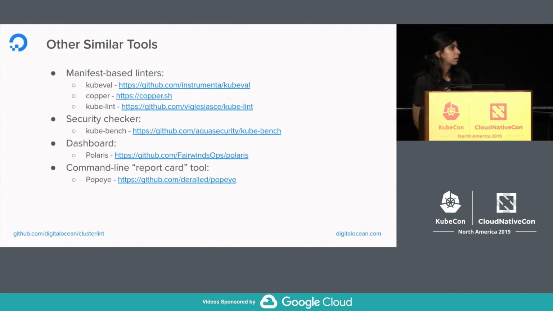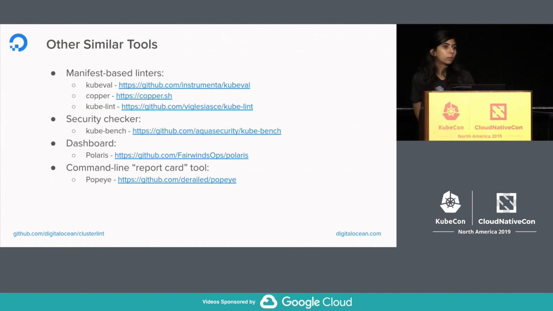KubeBench can be deployed as an in-cluster tool as a workload itself, and it's going to start reporting issues after you deploy it onto your cluster. Clusterlint is different from that because it works externally, runs the checks on objects by accessing the Kubernetes API. If we want to focus on workload health and get a dashboard for it, there's Polaris.